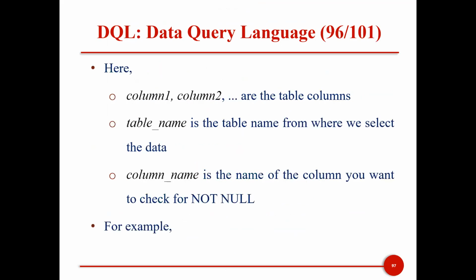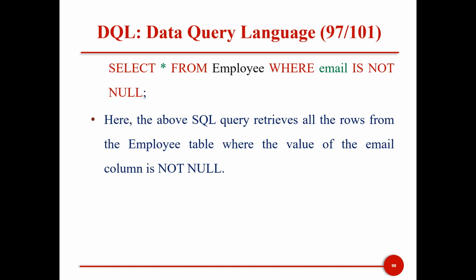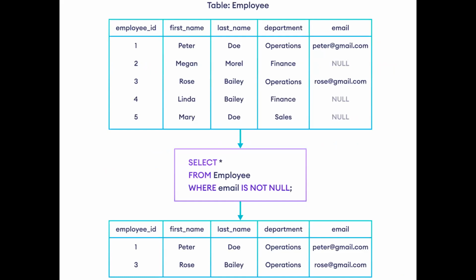The simplest example is: select all from employees where the email address is not null, which means it will select all the records, but only those employees whose email addresses are in the system. That's why you'll find that Peter's email address is there and Rose's email address is there. That's why it has decided to pick them.